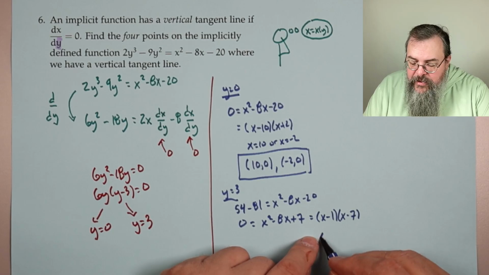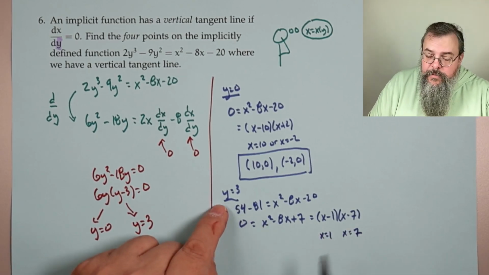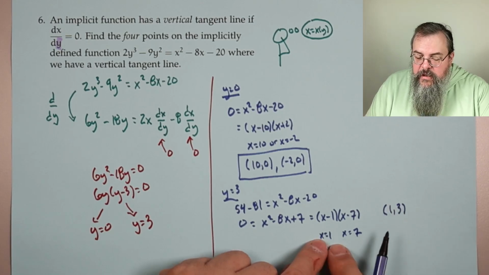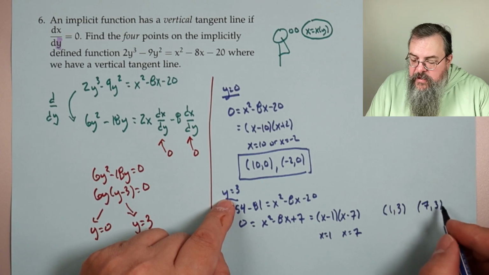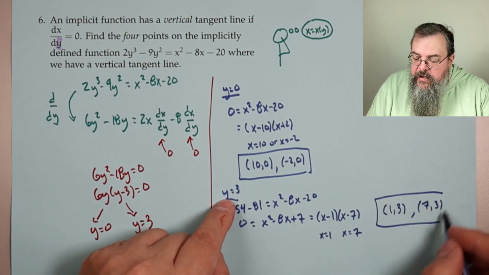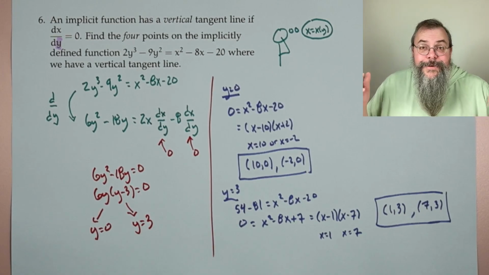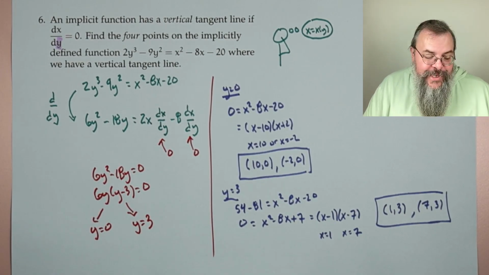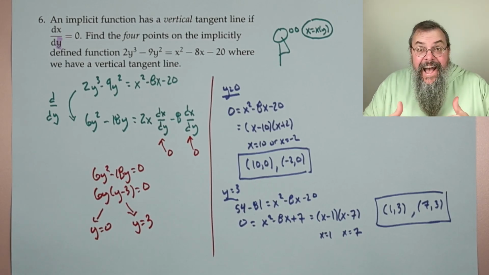So either x equals 1 or x equals 7. Combine with y equals 3, and we get the point (1, 3) and the point (7, 3). And there are our other 2 points. 1, 2, 3, 4. 4 points where we have a vertical tangent line.